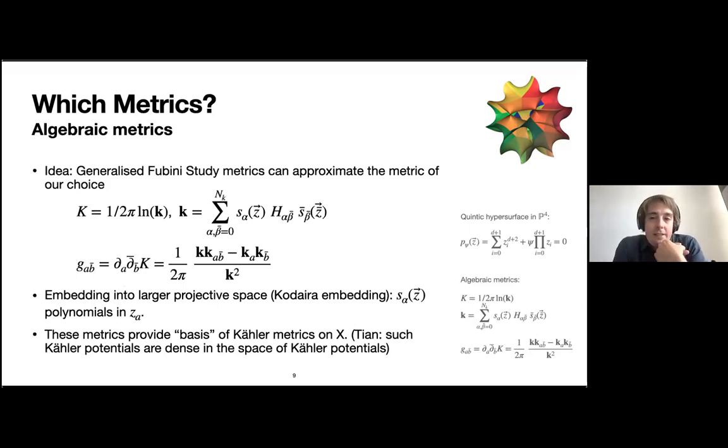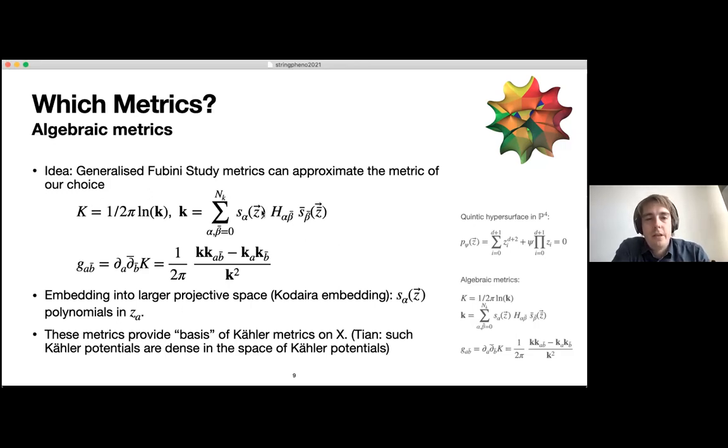You have to make an ansatz. One ansatz which promises to be very fruitful is to look at generalized Fubini-Study metrics. These are metrics of this type.